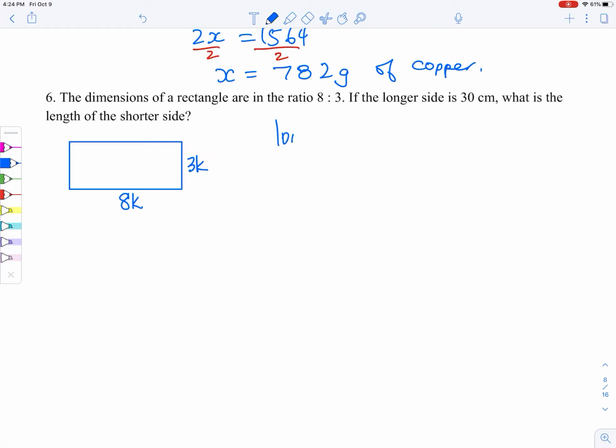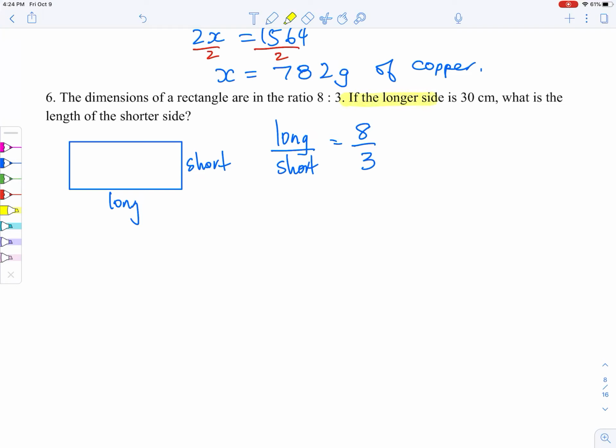So if we look at long to short, I'm going to write it as long and short. Third time's a charm. Long to short is 8 to 3.